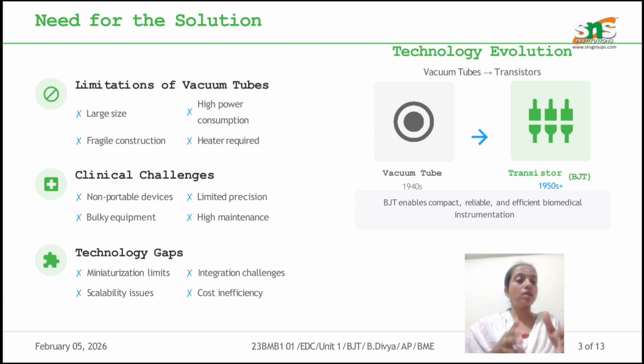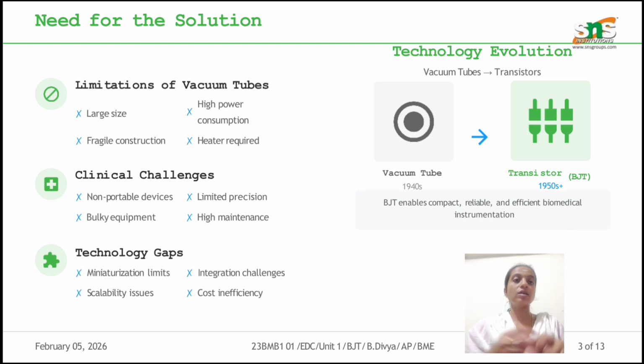Now it has transitioned to transistors, from the 1950s till now, where the bipolar junction transistor has been used. This bipolar junction transistor enables compact, reliable and efficient biomedical instrumentation.